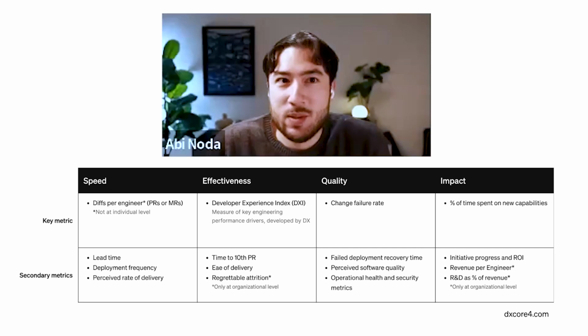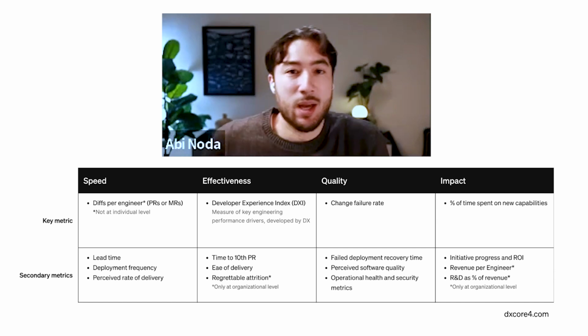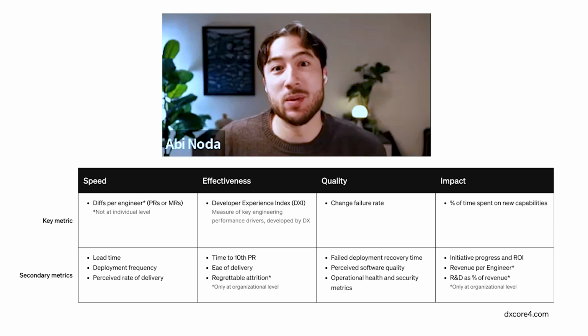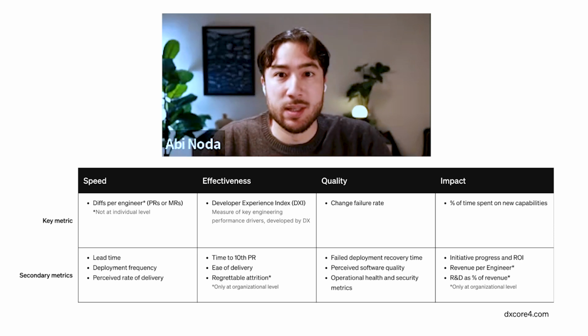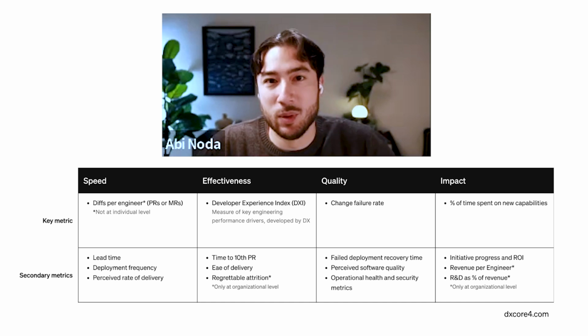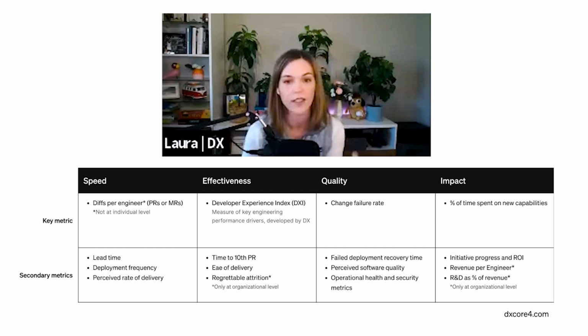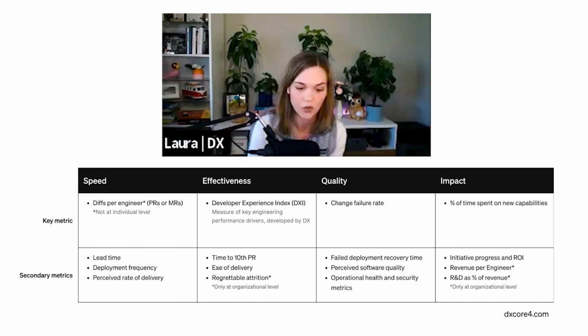Laura, let's talk a little bit about who this is for. We talk to folks in CTOs, CEOs, people leading developer productivity in platform. In your view, who is the audience for this framework? Who should be using this? I think one of the things that we really tried to bake into the Core 4 was making this applicable and relevant for all layers of the business.